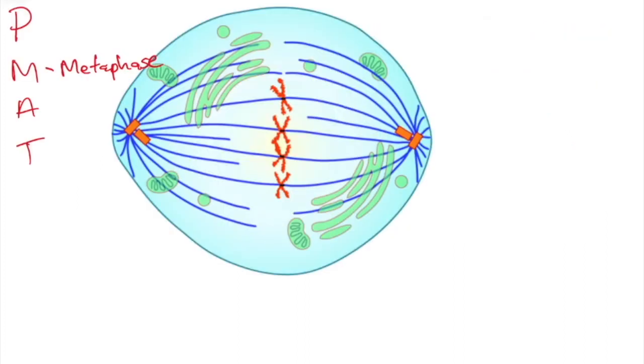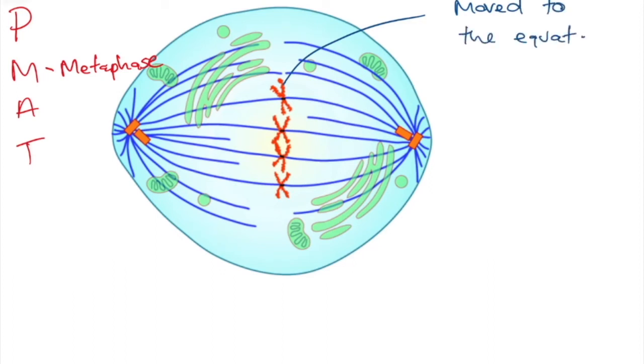Second phase of PMAT is metaphase. So what can we see happening here? We can see that the chromosomes have moved to the equator.